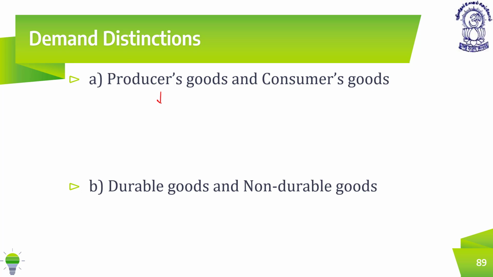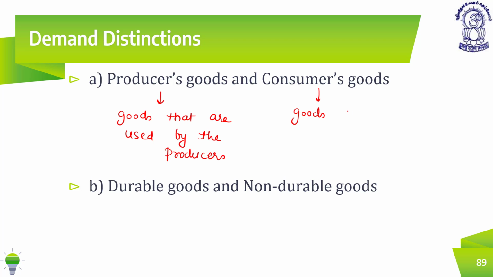As you all know, producer goods are goods that are used by the producers, and consumer goods are goods that are used by the final consumers.